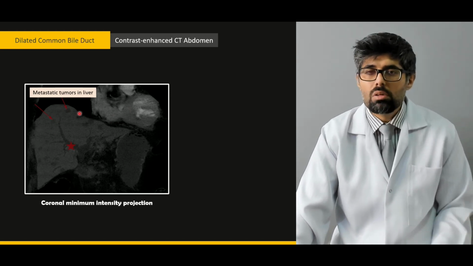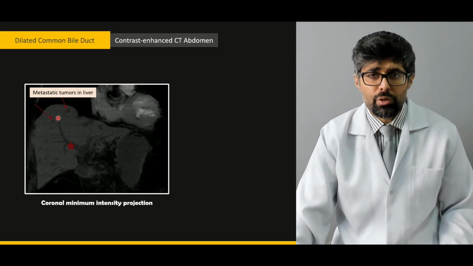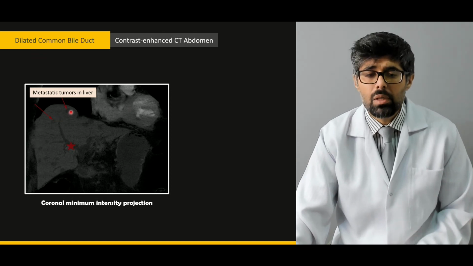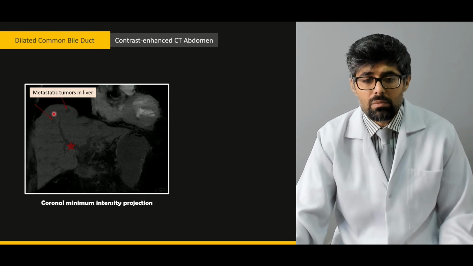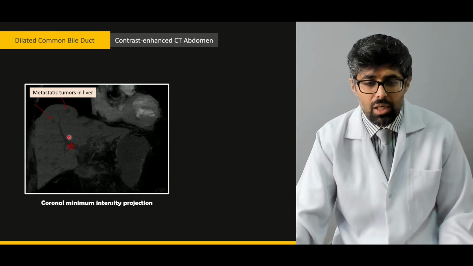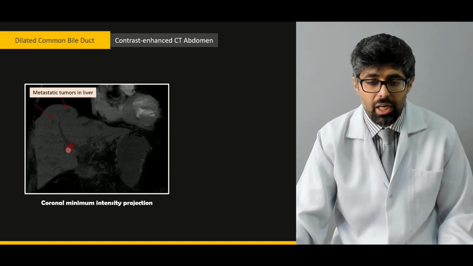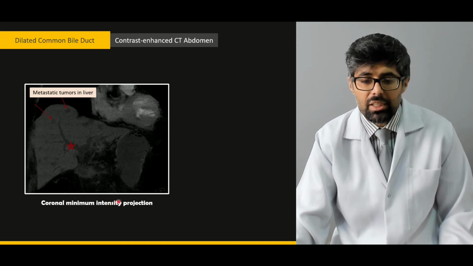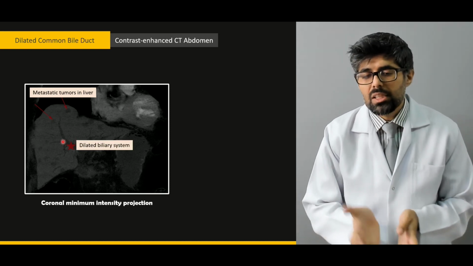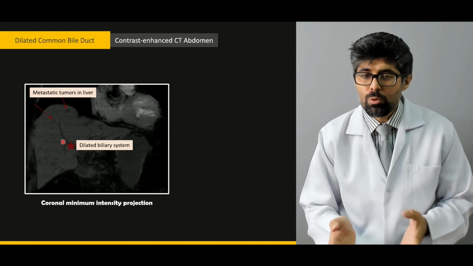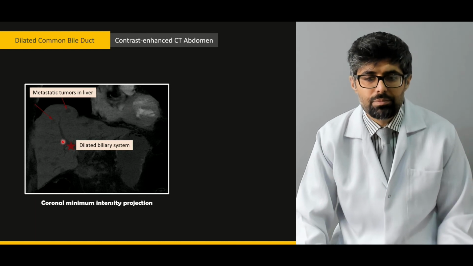The primary tumor can be anywhere from the lungs to the uterus to the ovaries to the intestines, rectum, but it has metastasized, and these metastatic tumors are causing the biliary system inside the liver to dilate, as you can see on this minimum intensity projection of the liver. Now, what is a minimum intensity projection? For this, you have to refer to my lecture on the introduction to radiology.